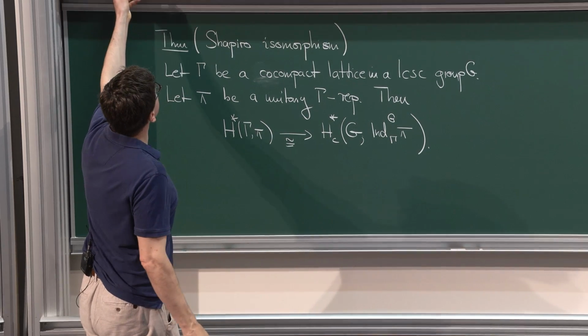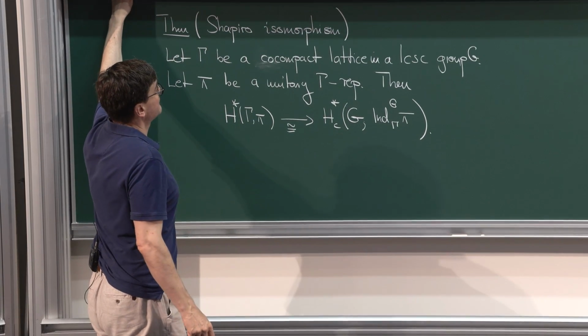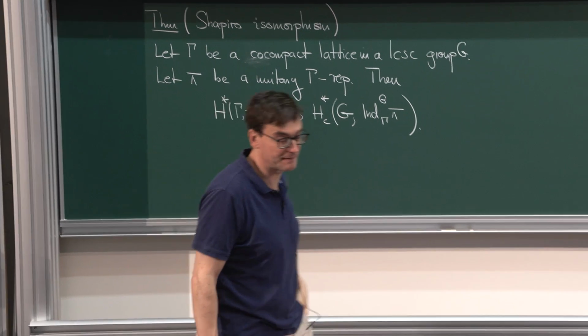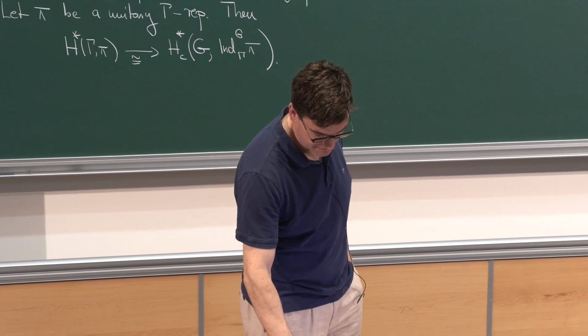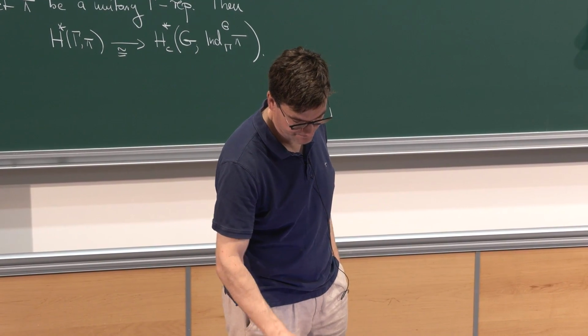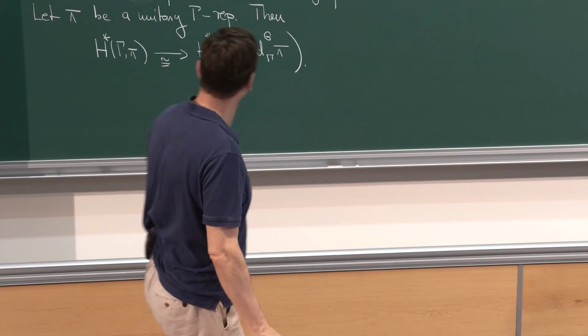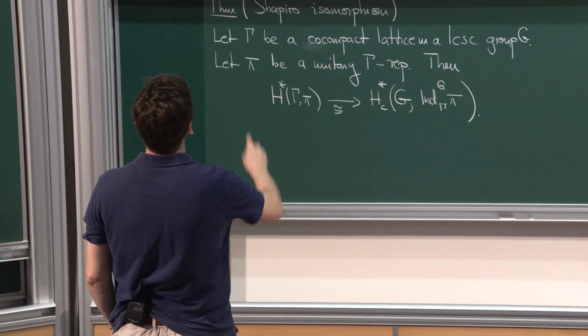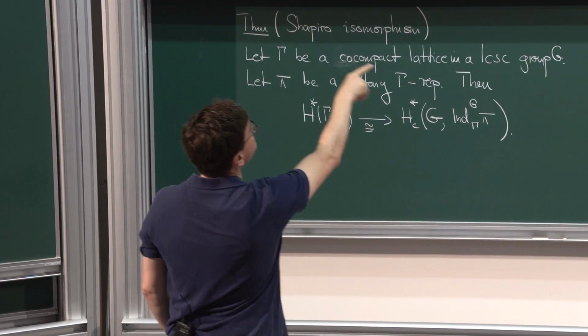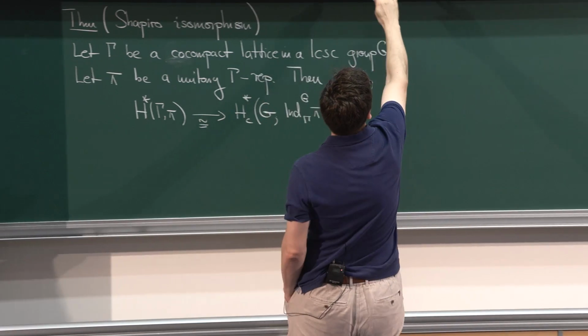All right, so let's just assume that this is true. But I will talk a little bit about how to prove this theorem, at least about the map. But we have now a corollary out of this theorem here.